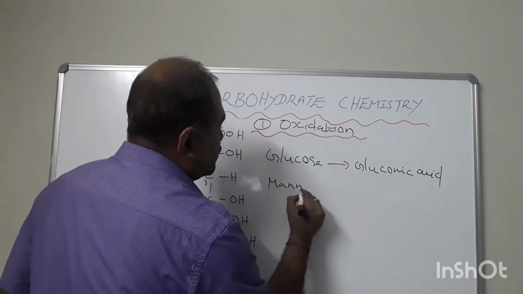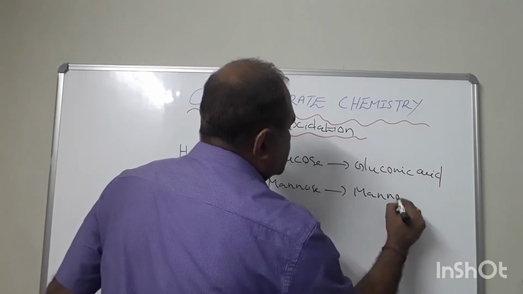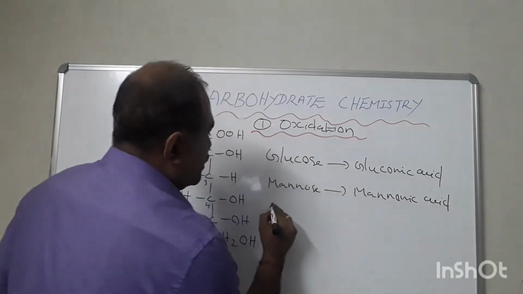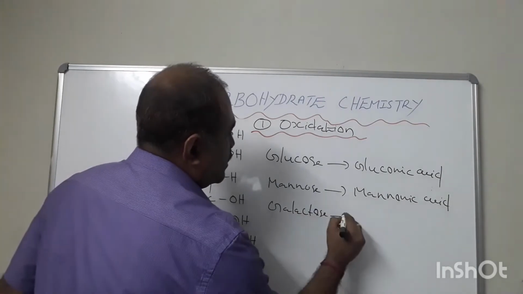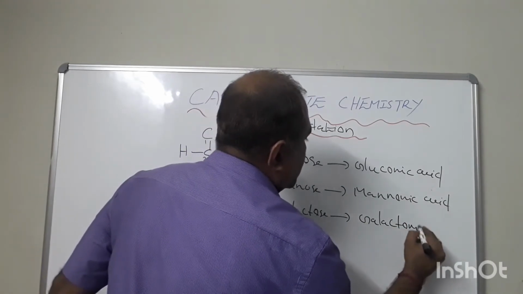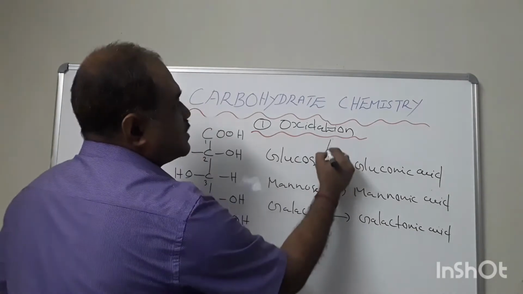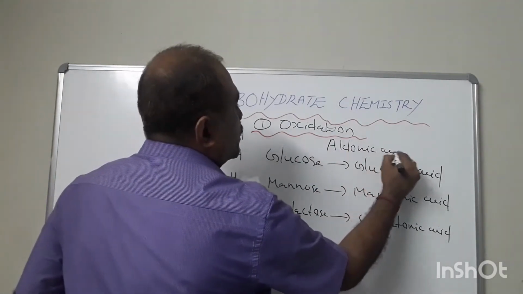Mannose gives mannonic acid. Galactose gives galactonic acid. So it gives the corresponding aldonic acid.